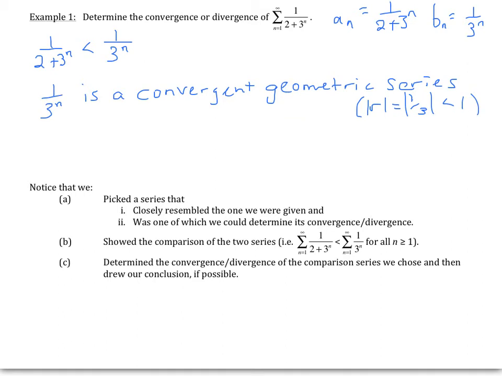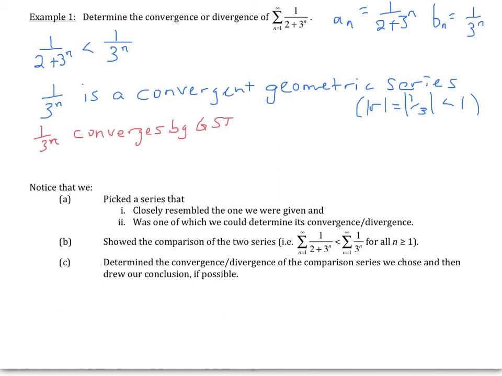You could also say, if you wanted to word it a little differently, that 1 over 3 to the n converges by GST. So don't think you have to use my exact wording on any of these things. Just know that that is a possibility as well. But you want to show the series that you picked. You want to show the inequality between the series, and then you want to show that the one you picked converges or diverges, and the test that is the reason why you know it does that.